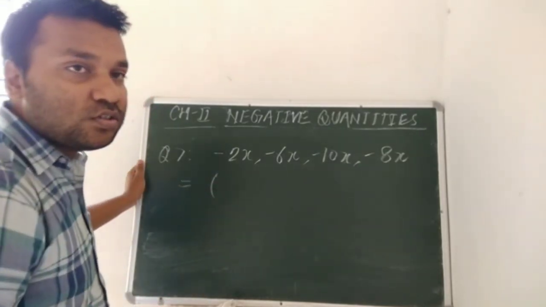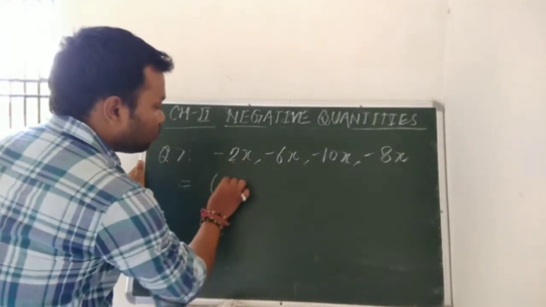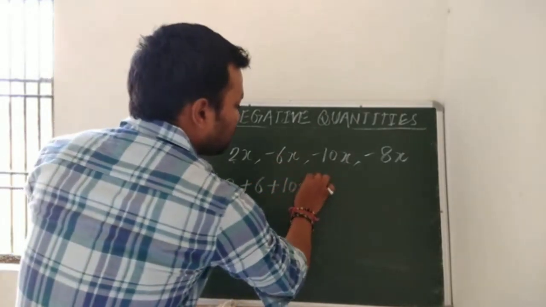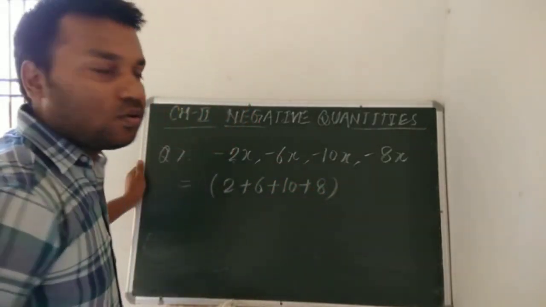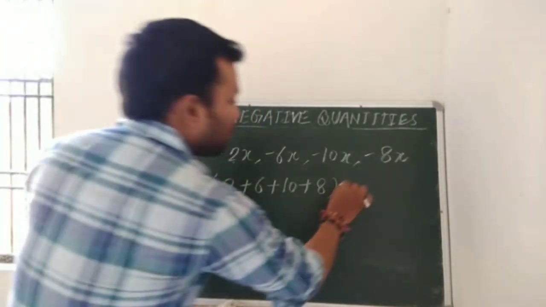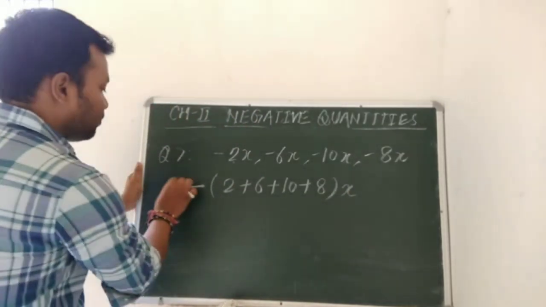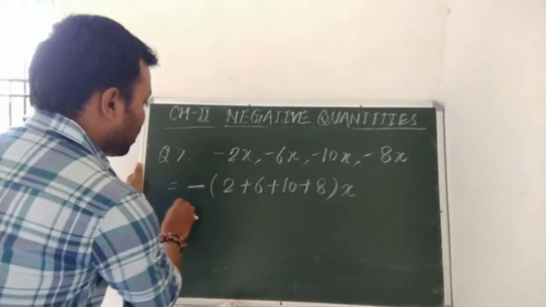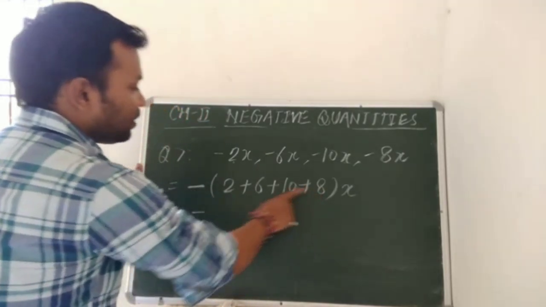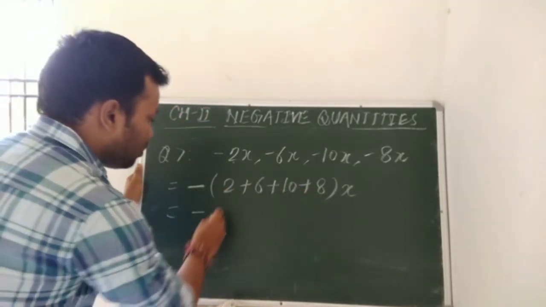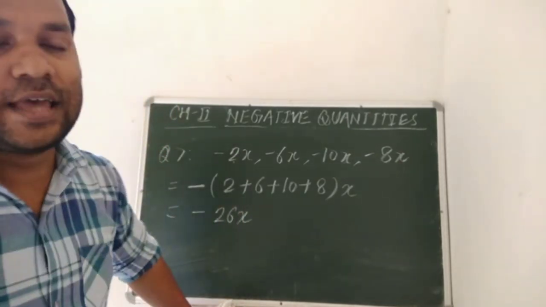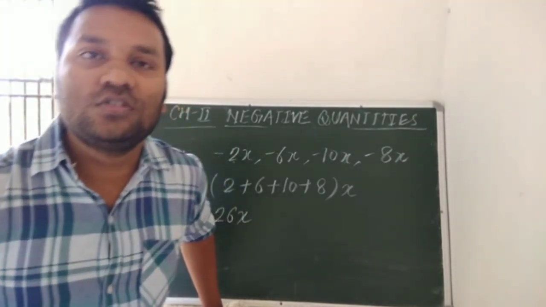So what are the numeric values here? 2, 6, 10 plus 8. And prefix this with the negative sign, and we'll take the same variable as in the question. So our answer will be 10 plus 8, 18, 18 plus 6, 24, 24 plus 2, 26. So our answer will be minus 26x. So this is all about rule number 3.